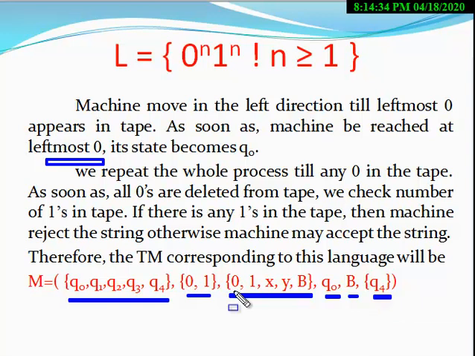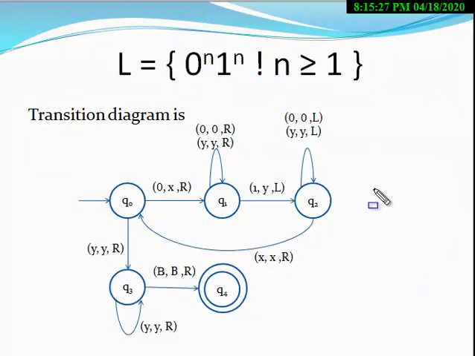So here we replace 0 by the tape symbol X and we replace 1 by the tape symbol Y. That is, when you have to remove 0, we replace 0 by X, and similarly when you have to replace 1, you replace 1 by Y. Now we design the Turing machine corresponding to this language.